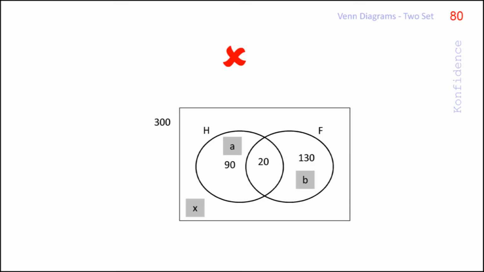What are the things that could have gone wrong? Look at the figure. 1. Marking the value 90 inside the circle will create a confusion with the number inside the common area. Therefore, avoid representing 90 like that.